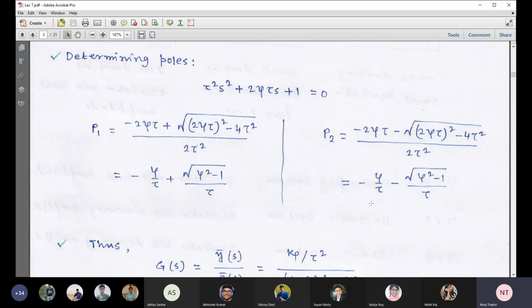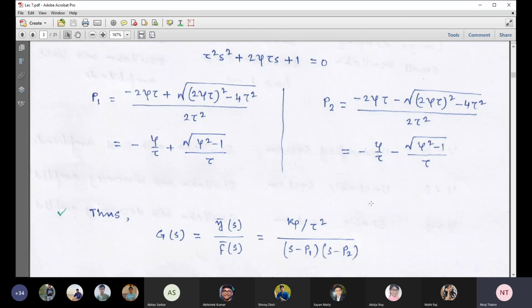Fine. Now we can write our transfer function in this form. Accordingly, we can rewrite our transfer function in this form.